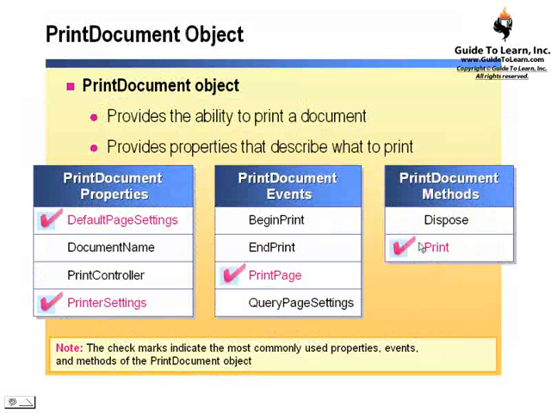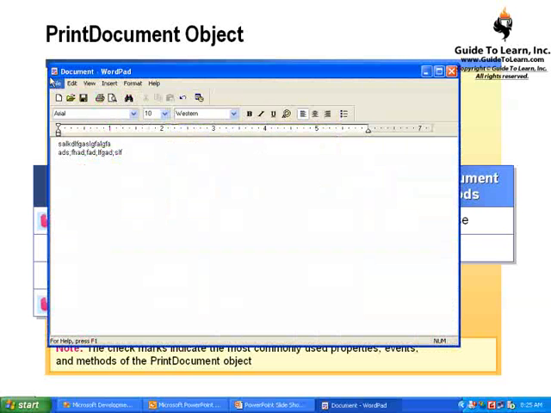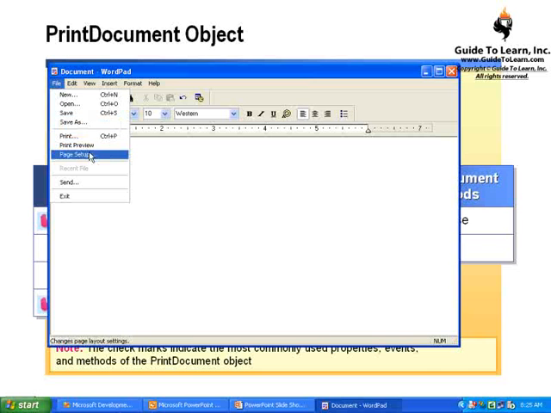So let's first talk about the print document object. The print document object provides the ability to print a document and provides properties that describe what to print. The print document object properties would be as follows. Like default page setting. If you want to manipulate a page setting, I can go to the page setup on the WordPad menu as you see here on my screen.